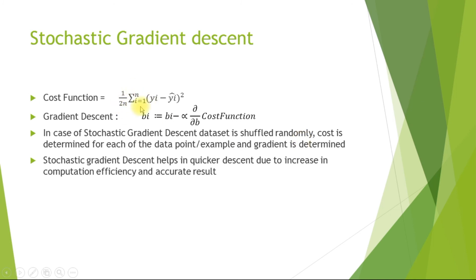This means stochastic gradient descent helps in quicker descent due to increased computational efficiency, and the result is accurate. Through stochastic gradient descent, we find the cost for each data point instead of all the data points. So this summation is ignored, and this has to be noted.